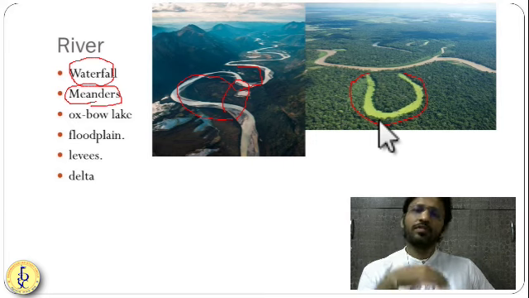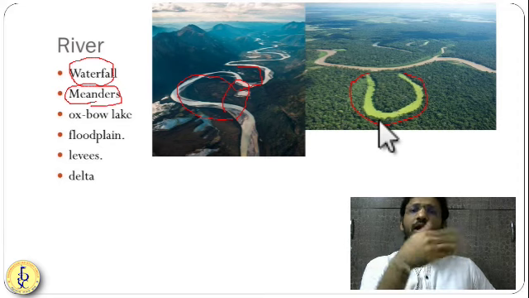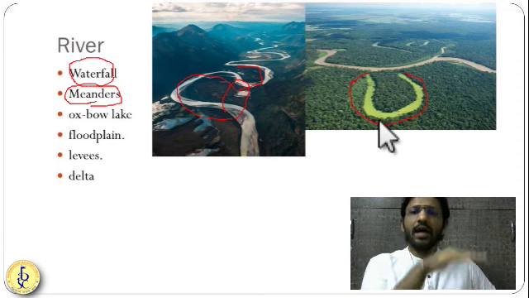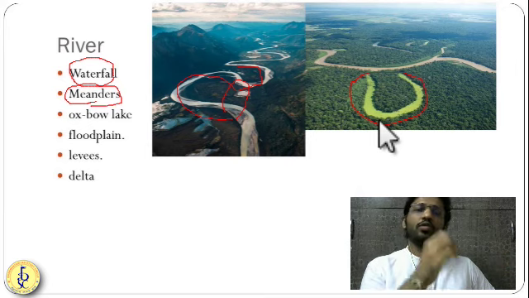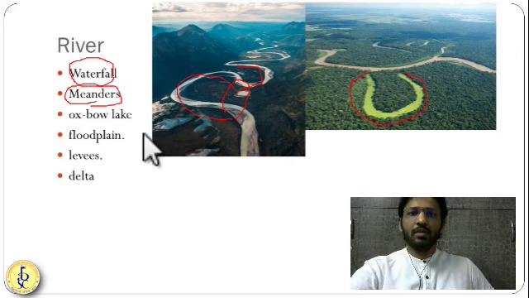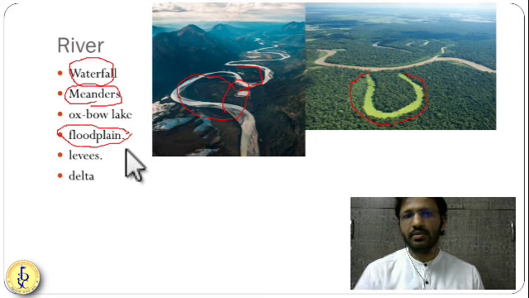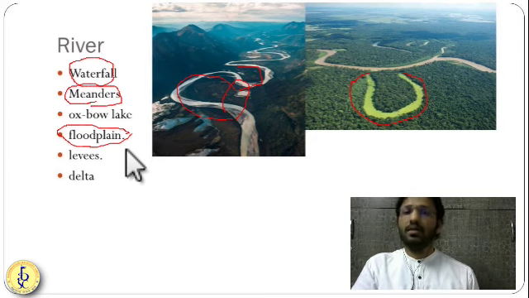For thousands, millions of years, the flood will come, the flood will go out, and the river will take its main course. The depositions on the banks of the rivers, or a few kilometers away from the river, will create a plain. It will be known as flood plain, like we have the northern plains or Ganga plains.